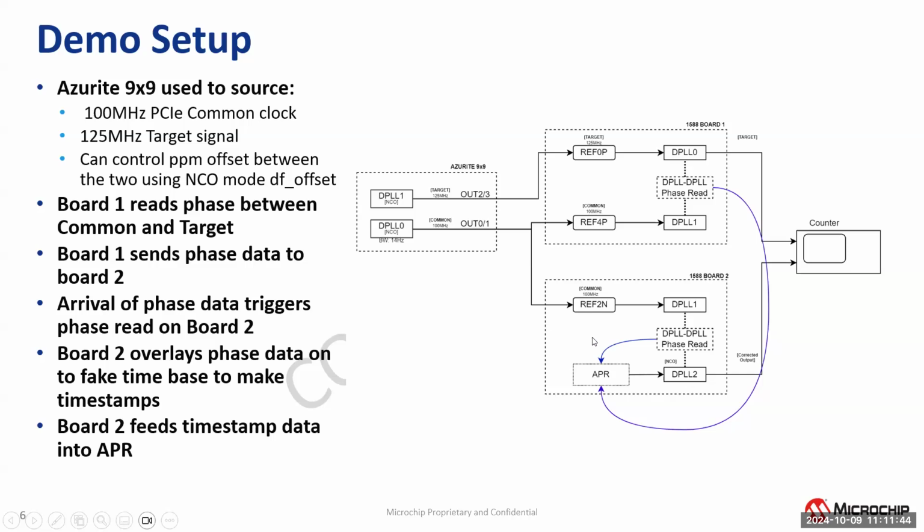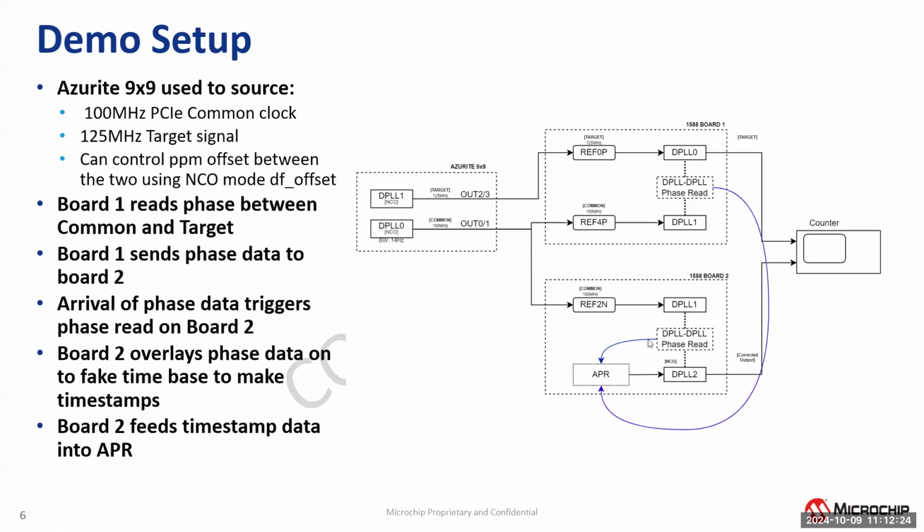And then we did some calculations with that phase number to overlay the phase difference between these two boards into PTP timestamps, which we then fed into our 1588 algorithm. And that 1588 algorithm controls one of our output PLLs, so it can provide phase and frequency shifts on this PLL based on the timestamps coming in. And what APR does is it tries to reduce the phase difference between the two boards based on the 1588 timestamps.